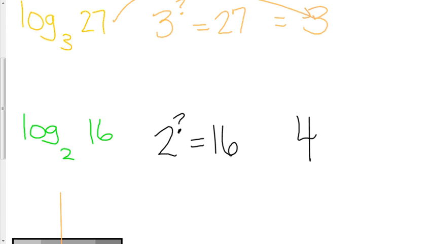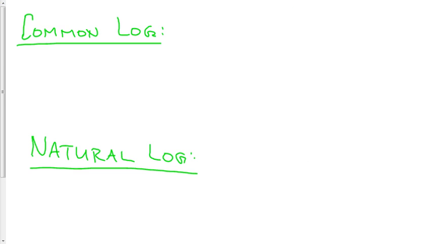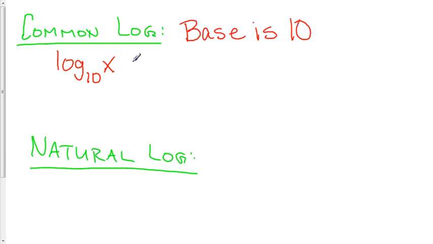Now, a couple other things about logarithms. There are a couple of special ones that you need to remember. One is called a common logarithm. In a common logarithm, the base is 10. And so it would be written like this, log base 10 of x. The reason it's special is because the base is 10, and that's our numbering system.